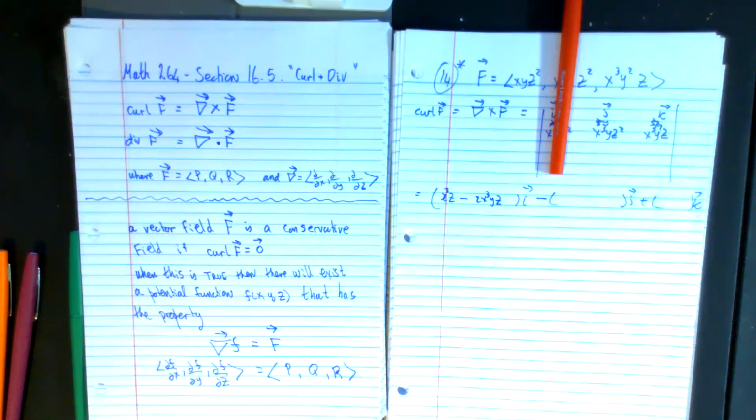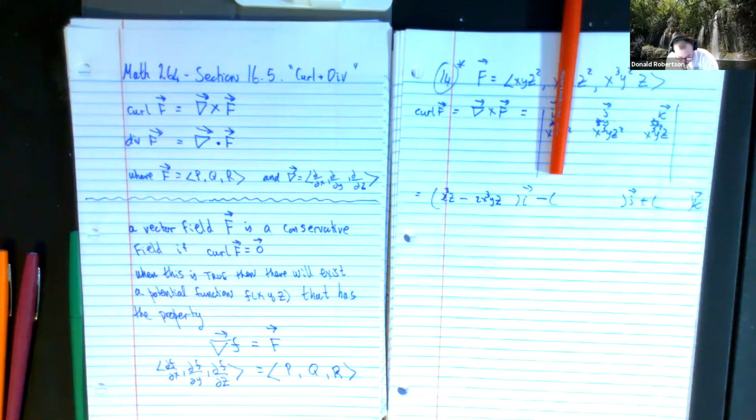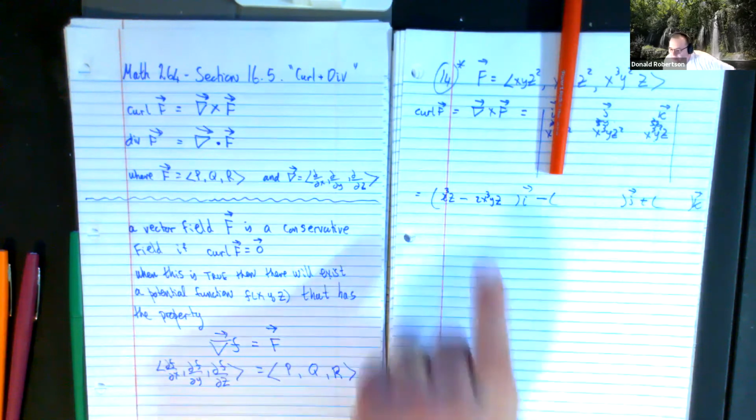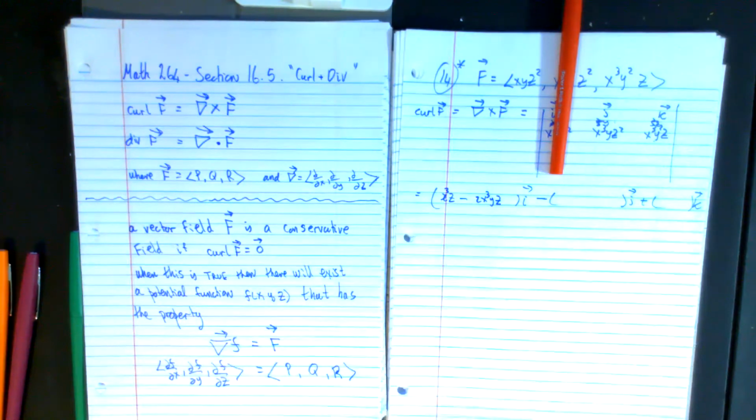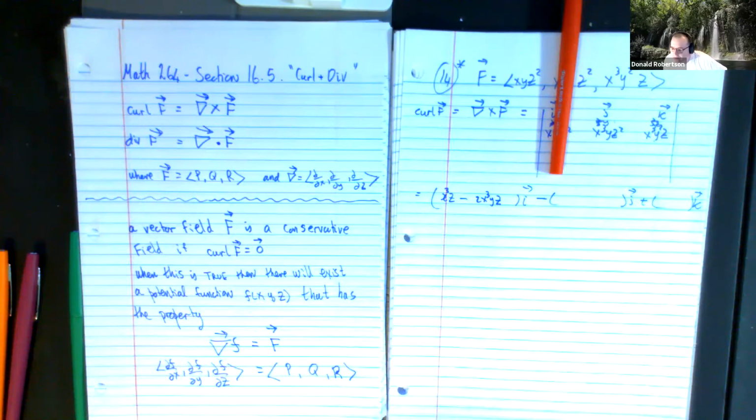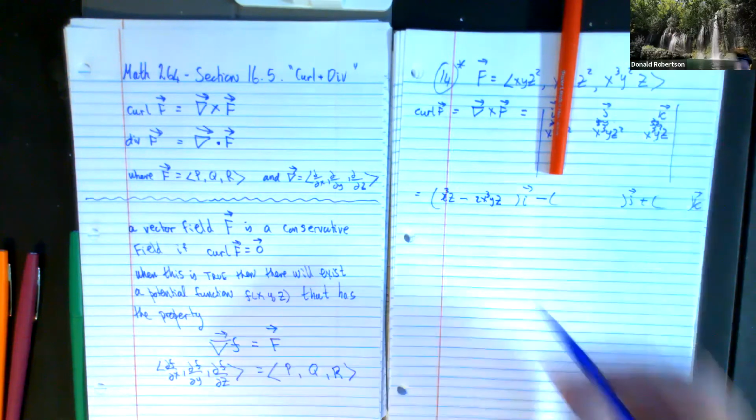No. They might be, but that's not the reason. I'm testing to see whether it's a conservative field. If it is a conservative field, doesn't that have to be 0? Agreed. And if that's not 0, do I care if the other two are 0 or not? No. So, not conservative.